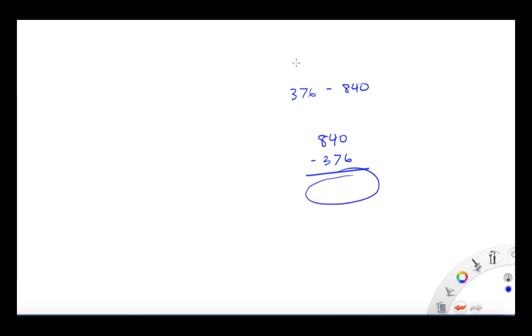But the problem is because 376 is less than 840, if we were to do a number line and go from 0 all the way to 376, and we were to subtract 840, that means we're going to continue to go into the negatives.